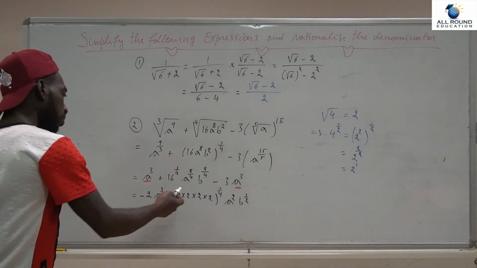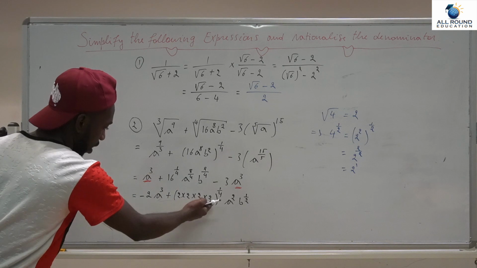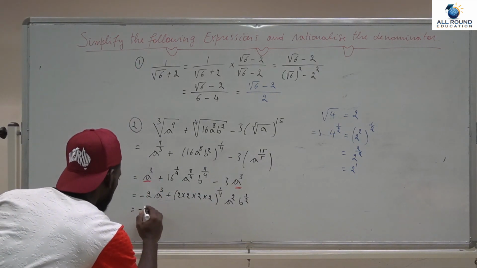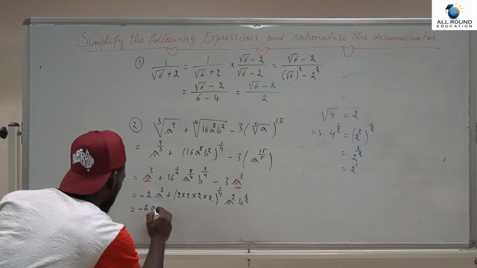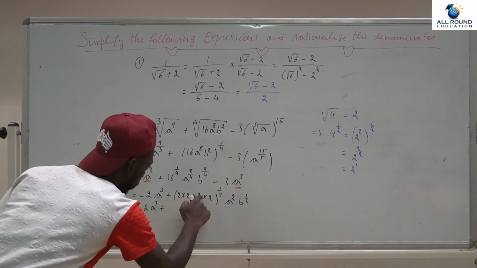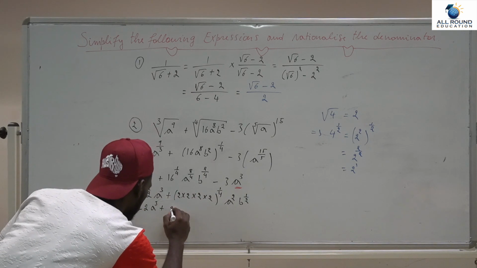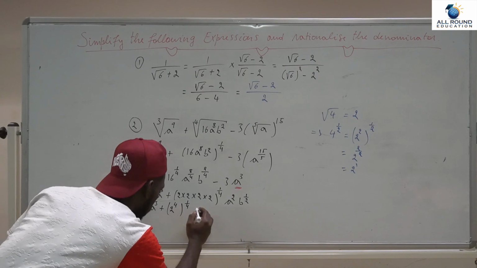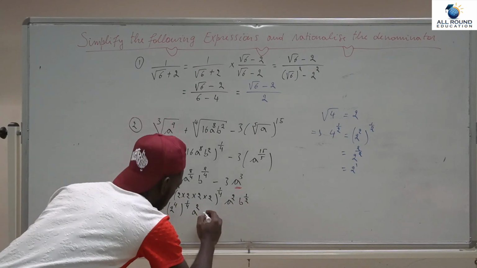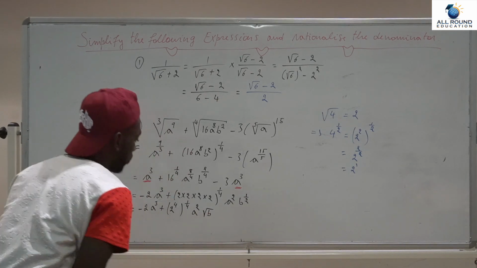Now, can we write this better? Yeah, we know that using index law we can simplify that, and so we have 2a cubed, right, plus 1, 2, 3, 4, so that's 2 to the power of 4, and a quarter here, a squared. What is b to the power of that? So that's similar to just this, right?